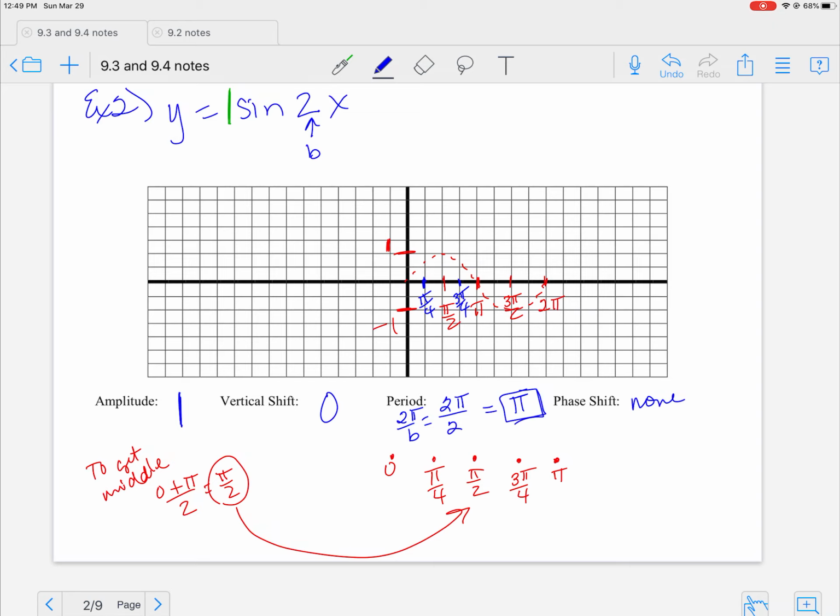So now I'm looking right here at pi over 4, pi over 2, 3 pi over 4, and that's where I'm hitting my values. So I'm starting down at 0. At pi over 4, I'm going up. Pi over 2 hits my middle. 3 pi over 4 hitting down. And then pi is where I end off this little deal.